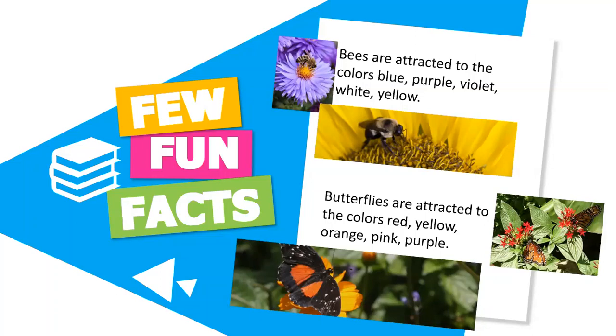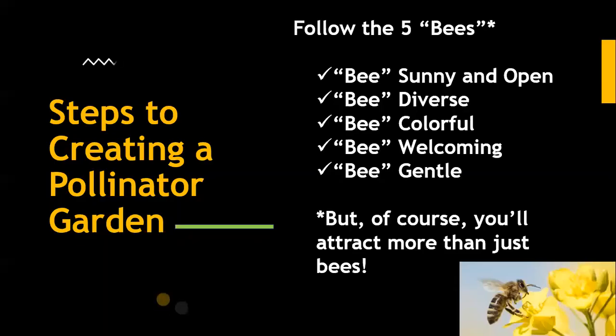But what we're going to talk about later is it's even better if you can incorporate all the colors or as many as possible. Or if you don't have as much space, you look at the colors that they both like. Yellow and purple come to the top of the list in terms of colors that would appeal to both. Just something to keep in mind.